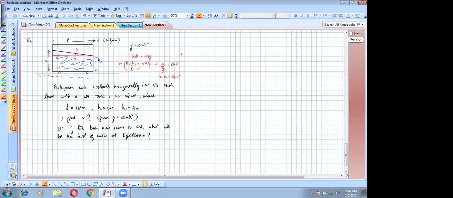Yeah, Manisha. The second part's answer is for when the tank is stopped from accelerating, what the uniform level will become. For that, you just have to do volume conservation. So when the tank comes to rest, the level of water should become uniform like this.